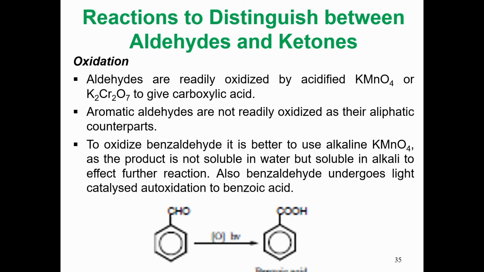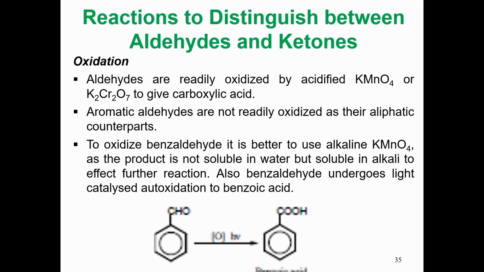In oxidation of aldehyde, we can use acidified permanganate or chromate to give carboxylic acid. Aromatic aldehydes are not easily oxidized like aliphatic. So whenever we are talking about oxidation of aromatic, we are using alkaline permanganate. But when we are talking about aliphatic, we can use acidified permanganate.